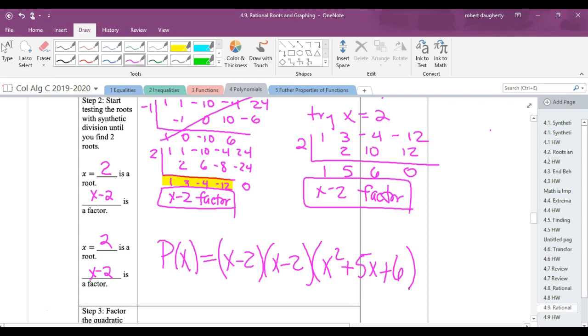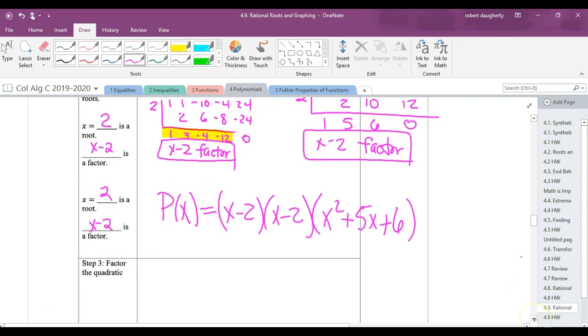I got that from right here. So what do I do with x squared plus 5x plus 6? I need two numbers that multiply to positive 6 and add to 5. What numbers do that? 2 and 3.